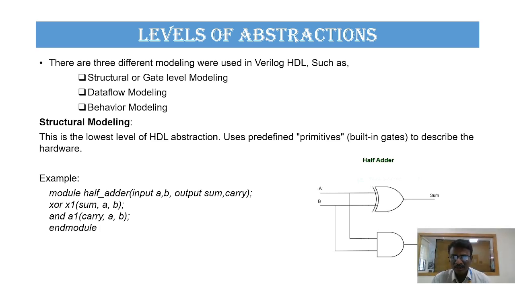In the XOR gate we are using two inputs. X1 is called the instantiation, sum is the output, and A and B are the inputs. Similarly, the AND gate uses two inputs, A and B, and the output is carry. Every module should end with an endmodule, so compulsorily the module declaration and the endmodule should be there, and in between we have the content.